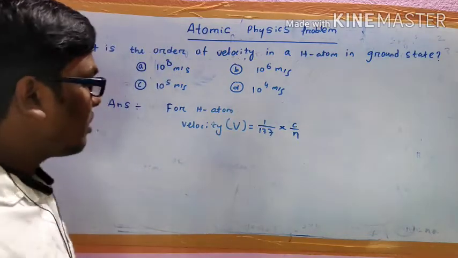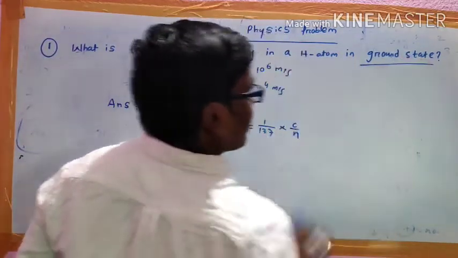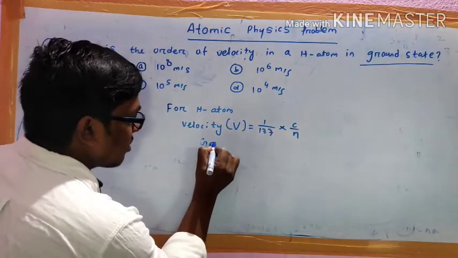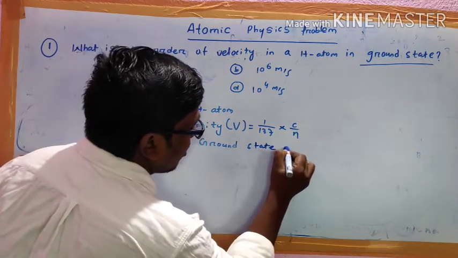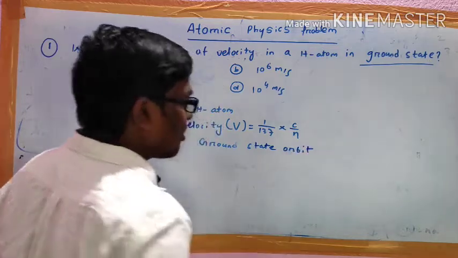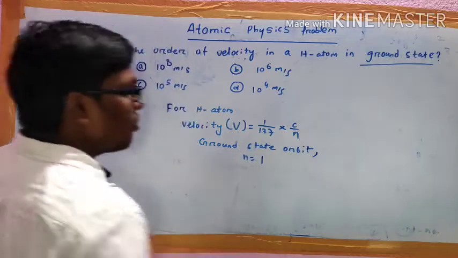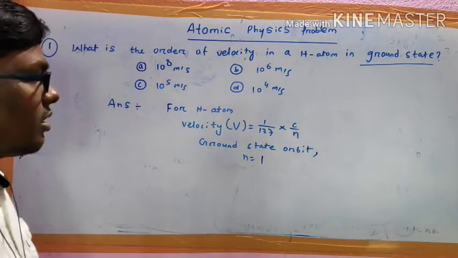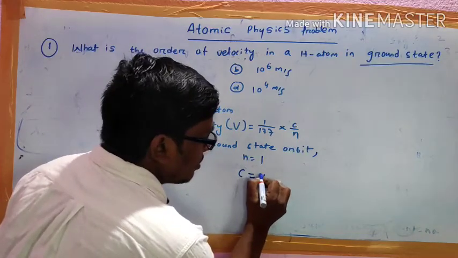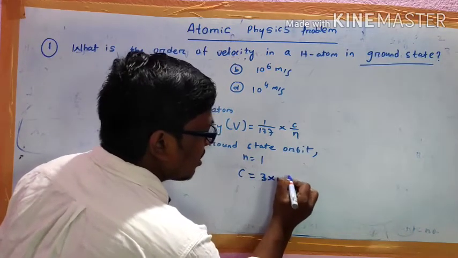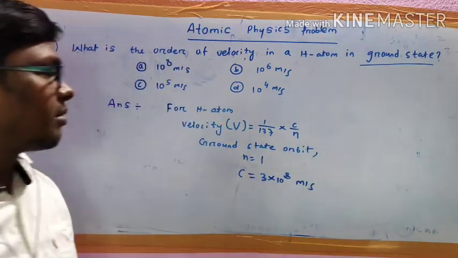Here it is asking about the ground state orbit, n is equal to 1. Here c is the velocity of light, c is equal to 3 into 10 to the power 8 meter per second.